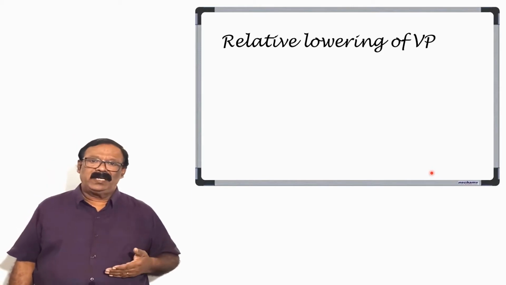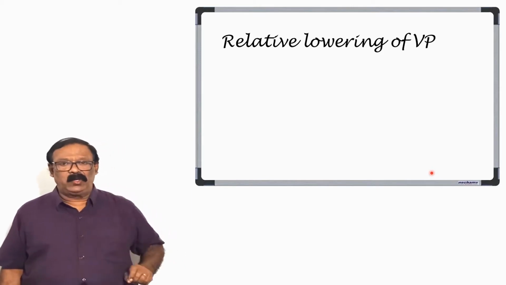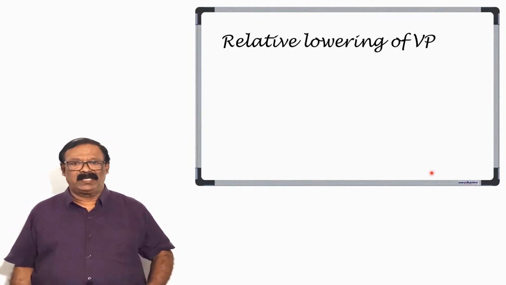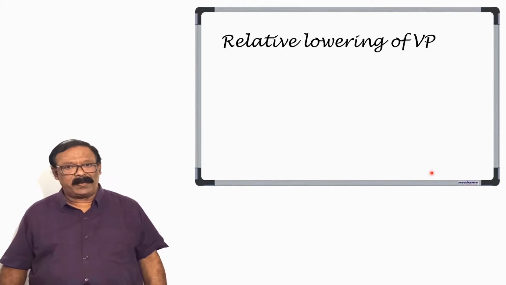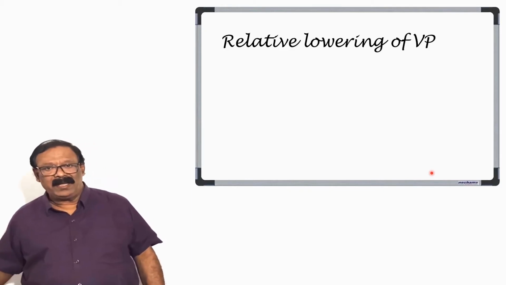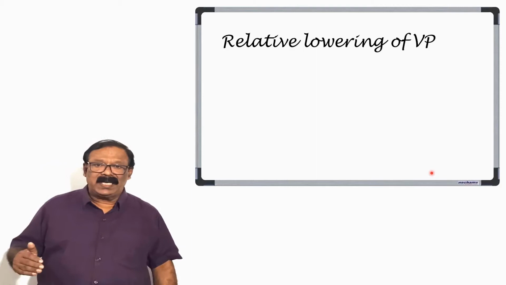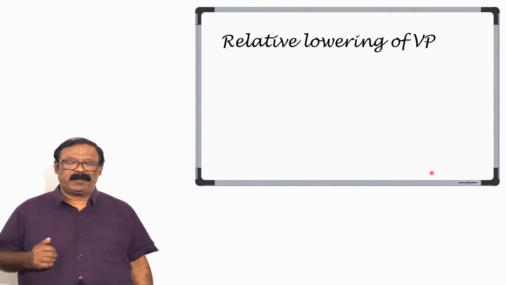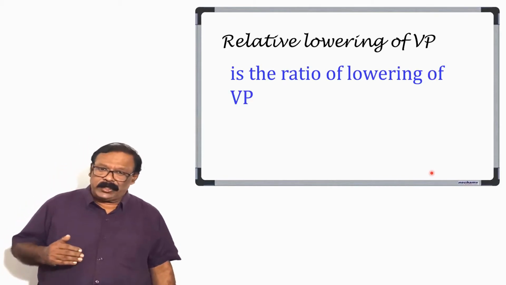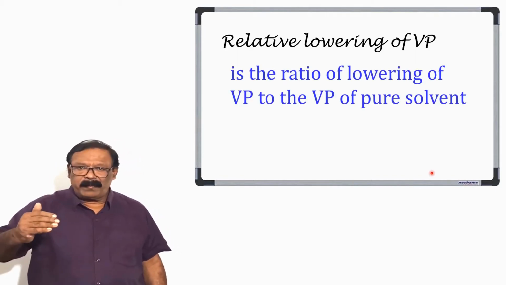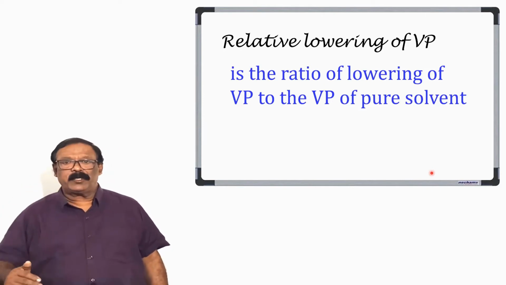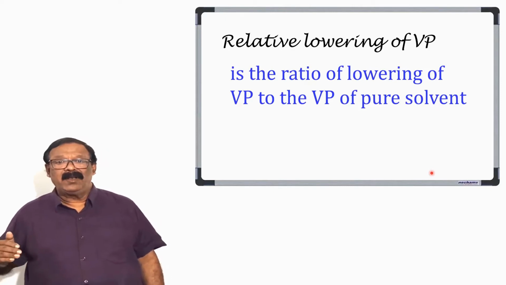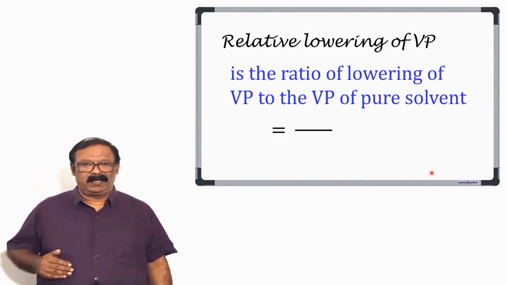Just now we have seen addition of a non-volatile solute will lower the vapor pressure of the solvent, or solution will have a vapor pressure less than that of the pure solvent. This decrease in vapor pressure is called lowering of vapor pressure. The ratio of lowering of vapor pressure to the vapor pressure of the pure component is called the relative lowering of vapor pressure.